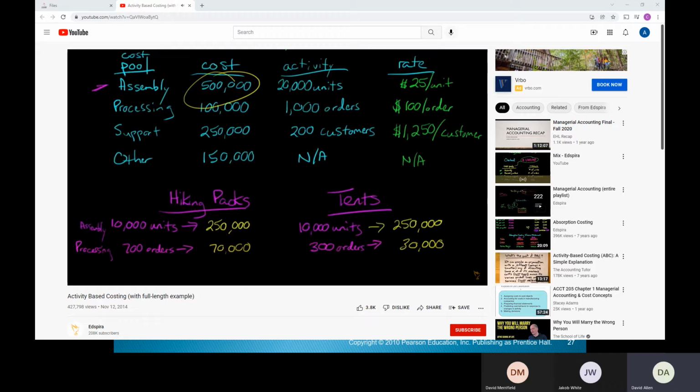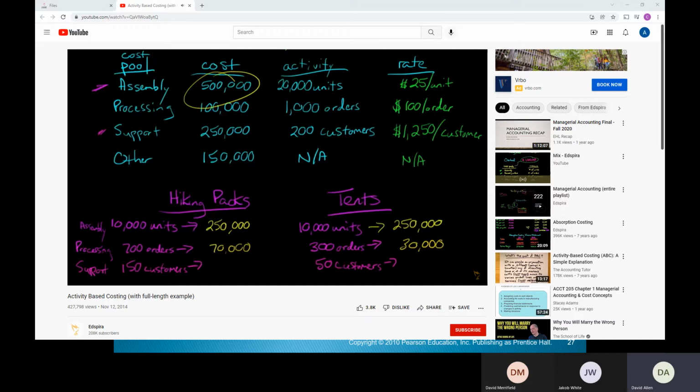Okay. Now we need to look at support next. So we'll take the customer support, and remember that the number of customers was what we looked at as our measure there. So let's say that we have 150 customers buying things for our hiking packs. So that's 150. And then we have 50 customers for our tents.